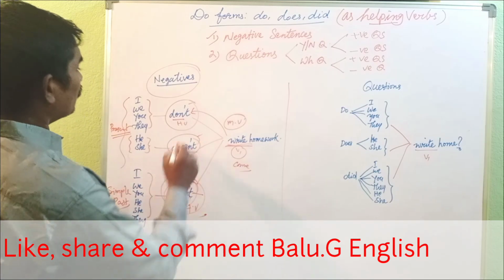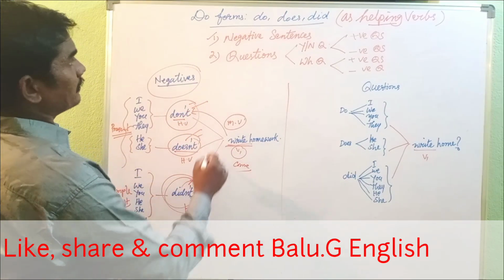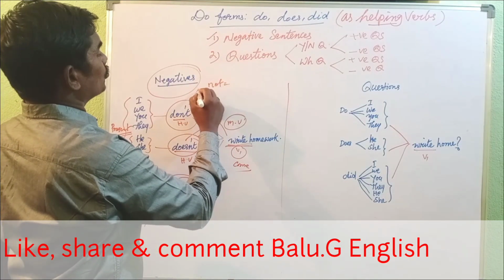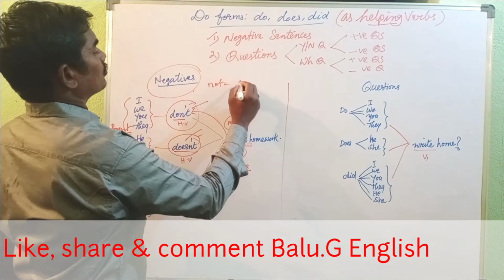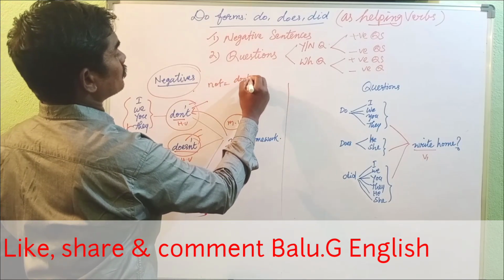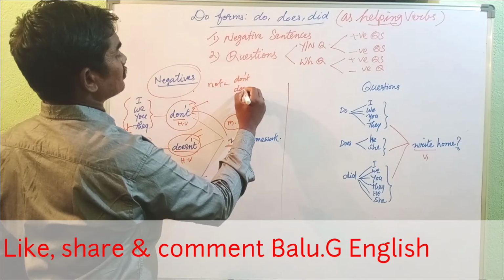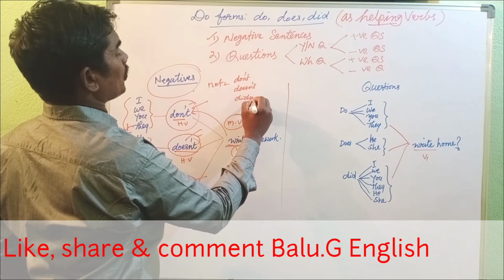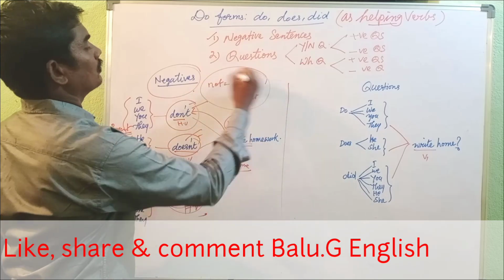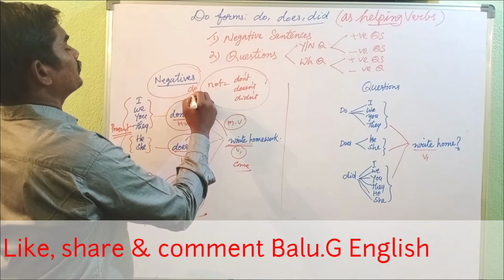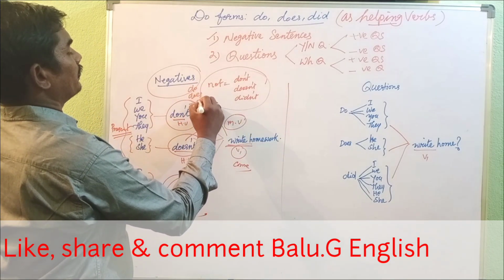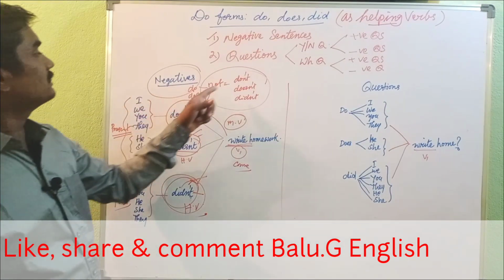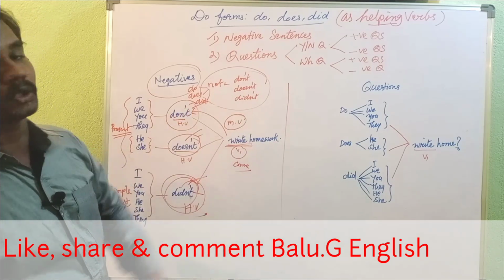So in this way, don't, doesn't, didn't come from do, does, did by adding not. So we can get don't, doesn't, didn't, the contracted forms. Do plus not, don't. Does plus not, doesn't. Did plus not, didn't.